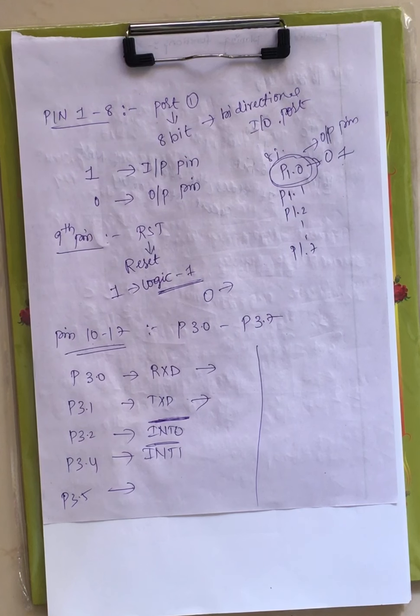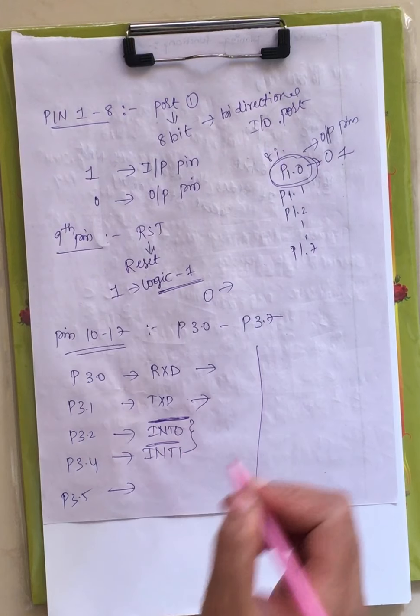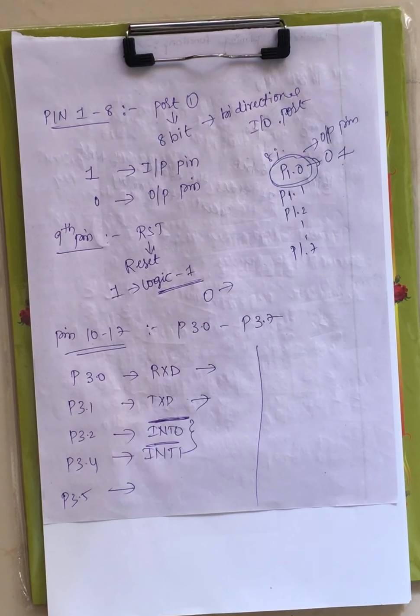So we have to provide the interrupt signal. Either you can provide interrupt 0 or you can provide interrupt 1. These two signals are used to stop the process of 8051, right?